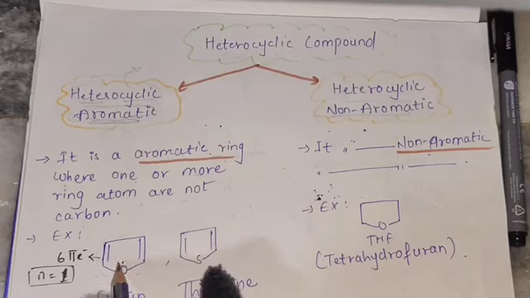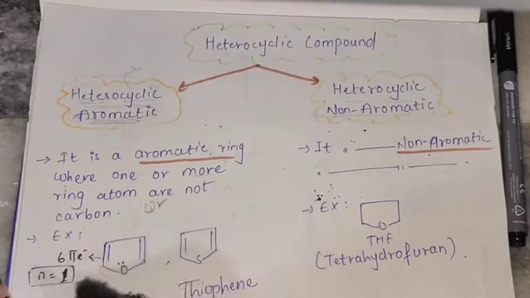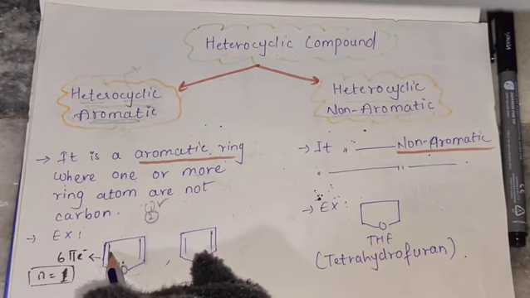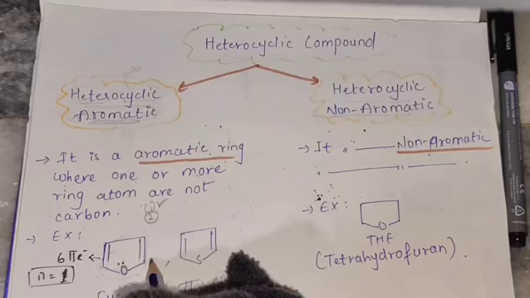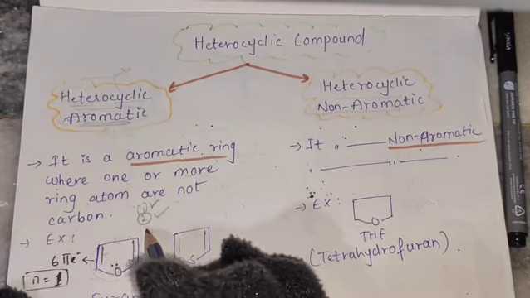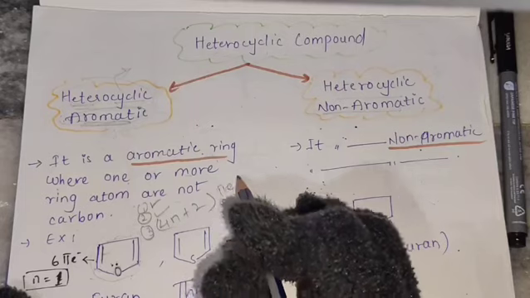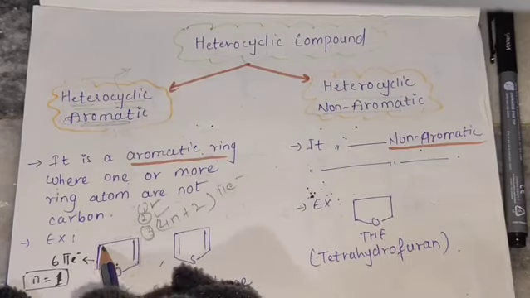So let's check here. The first condition for aromaticity is that it should be cyclic. This is a cyclic compound, so the first condition is followed. Second is conjugation. Yes, obviously conjugation is there: double bond, single bond, double bond, single bond, alternate positions of double and single bonds. Now the third condition, the 4n plus 2 pi electron rule.